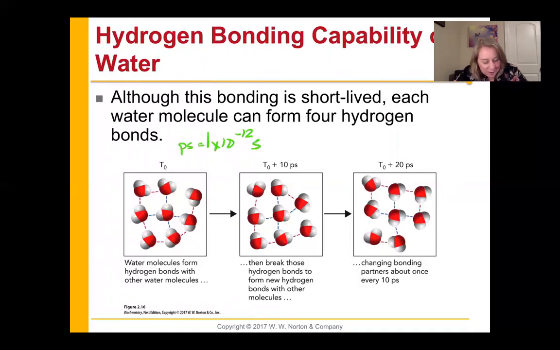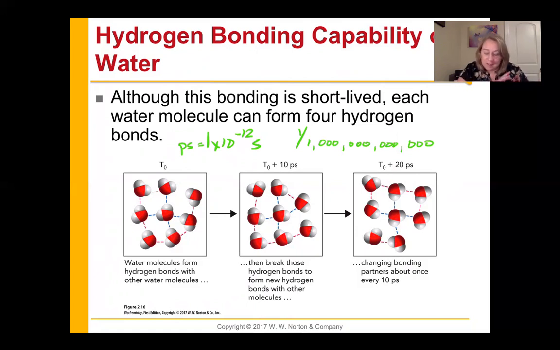So that's about 1 trillionth of a second, right? So they change partners very, very rapidly in the liquid form, not in the solid.